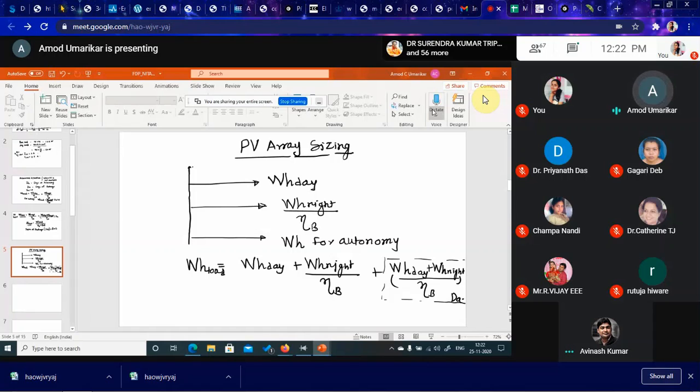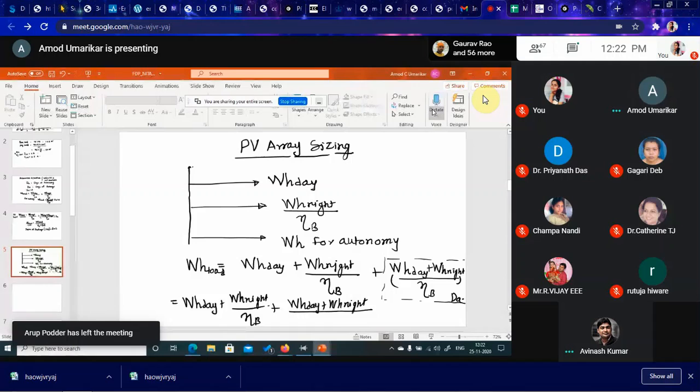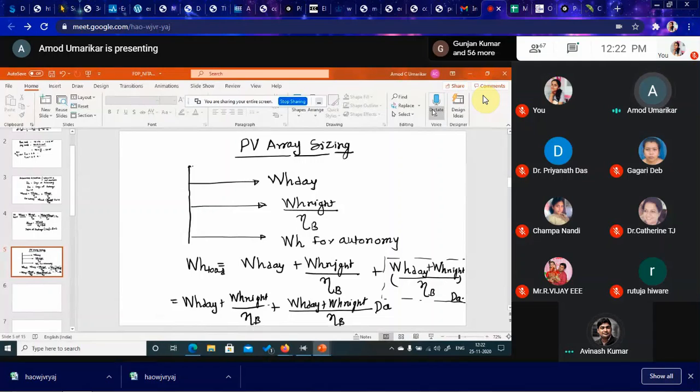Let's say those replenishing days are DR. So the total will be (WH day plus WH night) upon eta B, plus (WH day plus WH night) upon eta B multiplied by D, and we want to divide this into multiple days, so it will be divided by DR.